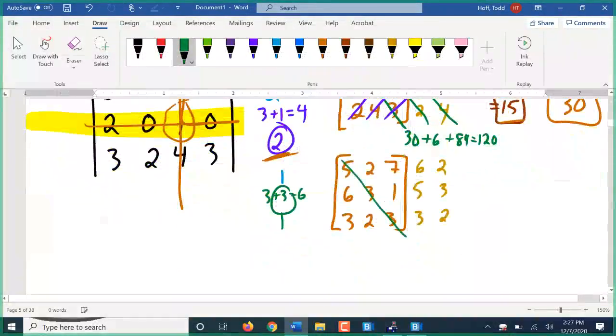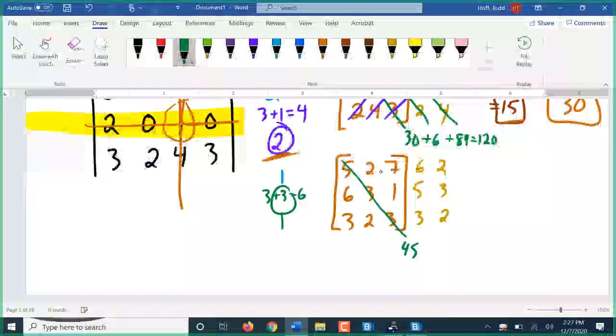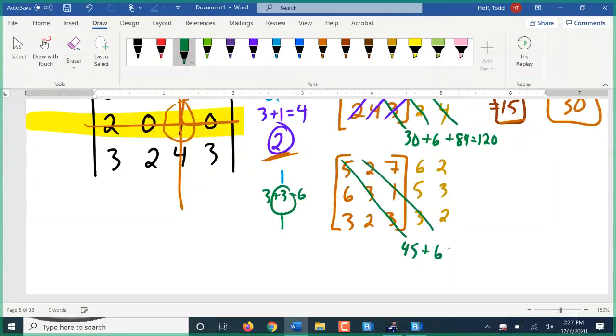5 times 3 times 3 is 45. 2 times 1 times 3 is 6. 7 times 5 times 2 is 70, which adds up to 121.